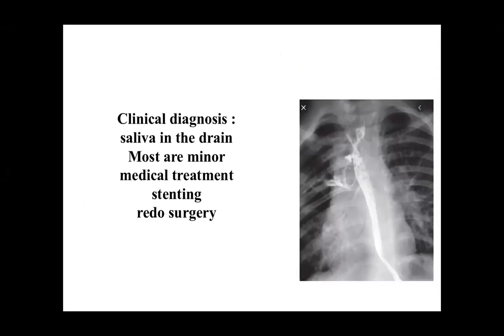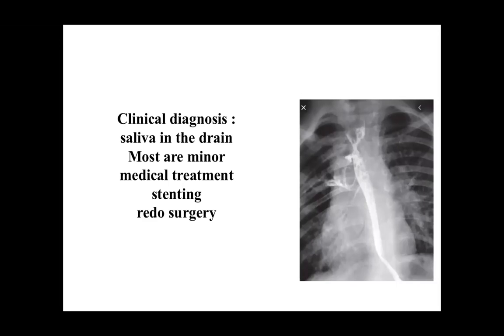Most of them are minor and will heal with only medical treatment: keeping the chest tube, good nutritional status, antibiotics and suction of the upper pouch. This can heal in the majority of cases.